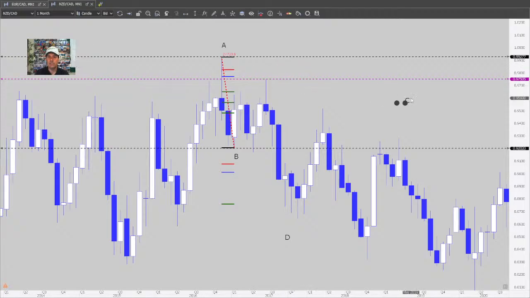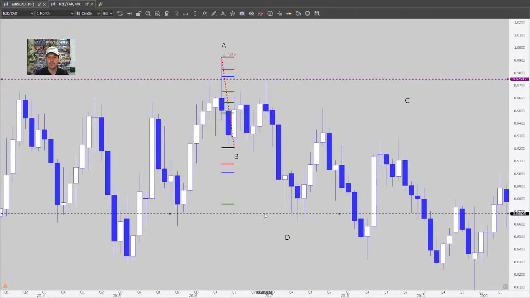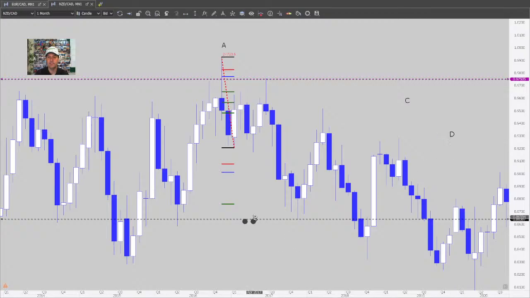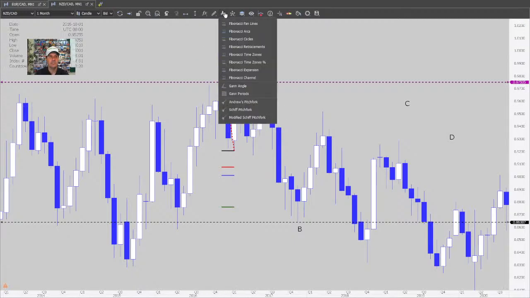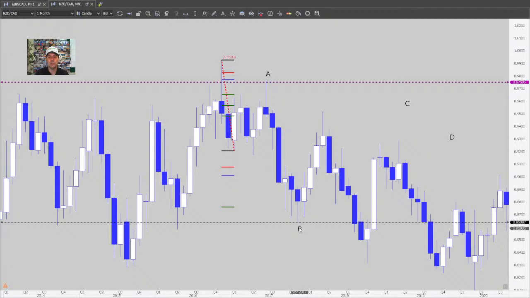As always, we're going to readjust Fibonacci in a downtrend now. A goes to C and B goes to D, right? A goes to C. Everybody, build your charts. We are on the NZDJPY monthly chart first, then we're going to go to the NZDJPY daily chart.